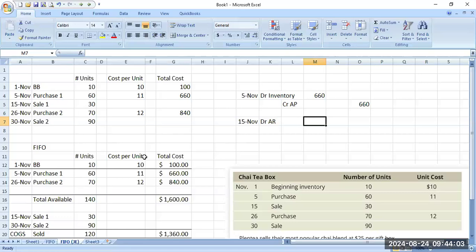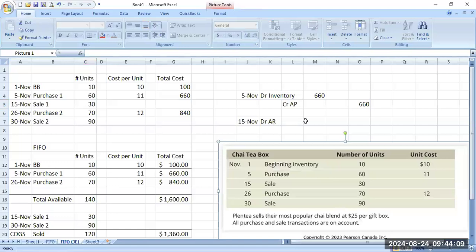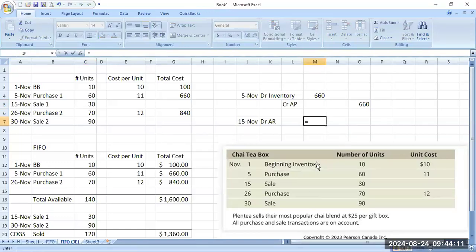The 30 units that we're selling have a selling price of $25 per unit, so 30 units times $25 is $750. And credit goes to sales revenue for the same amount.